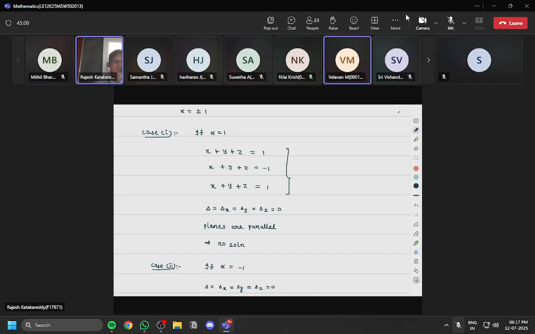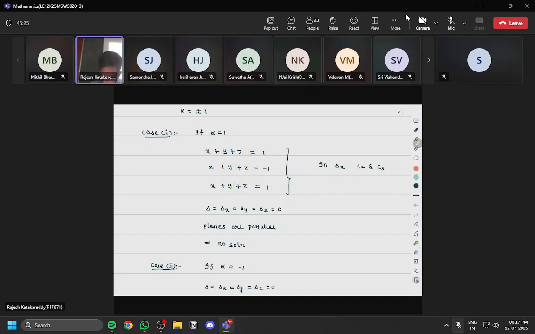Sir, in Case 1, del x, del y, del z, one of them will not be zero, no, sir? No, no, no. See, notice here in del x, C2 and C3 are identical. Clear?